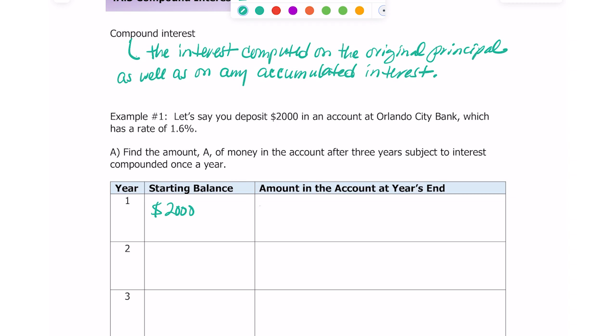If you'll recall, we looked at a formula called the future value formula, which tells us the future value of the account, like how much will be in the account or how much you will owe after a certain time period.